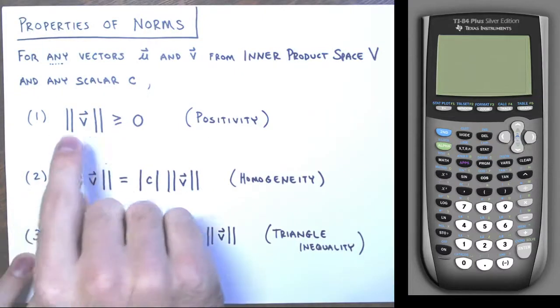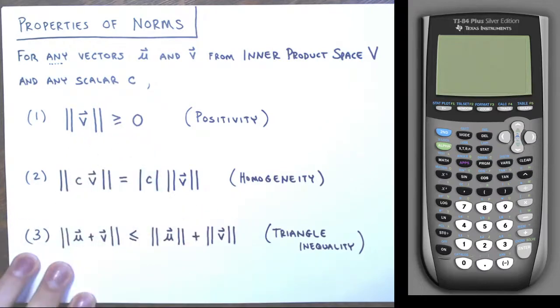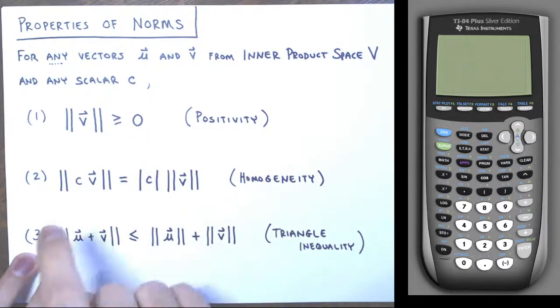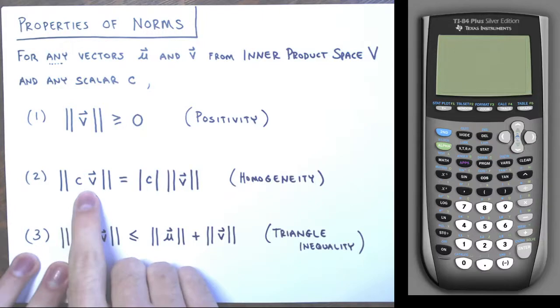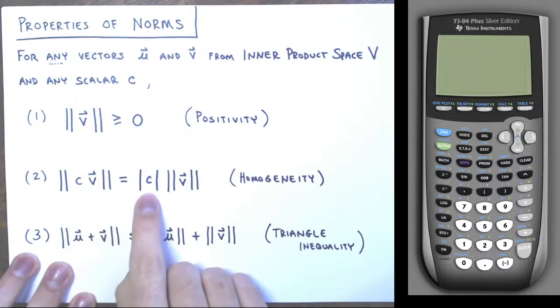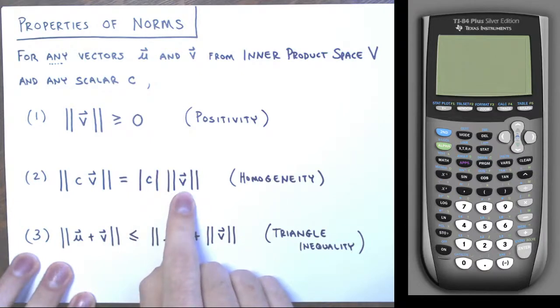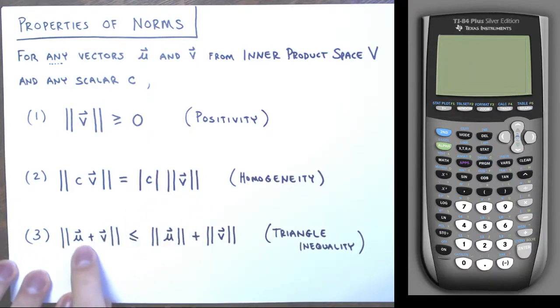The norm of any vector will be greater than or equal to 0. The norm of a scalar multiple of a vector will just be the absolute value of that scalar times the norm of the vector. And the norm of the sum of 2 vectors will always be less than or equal to the norm of one vector plus the norm of the other. The same properties that held earlier when my inner product was the dot product.